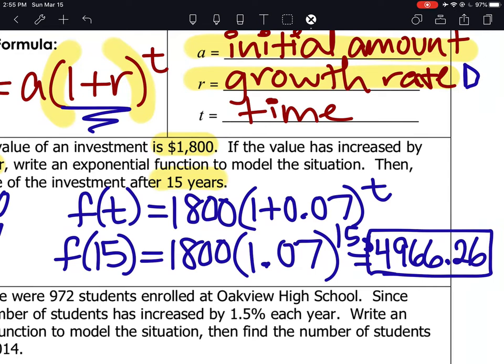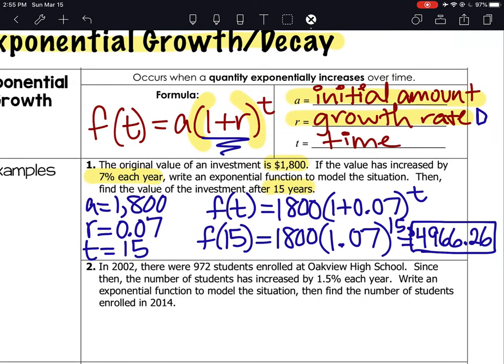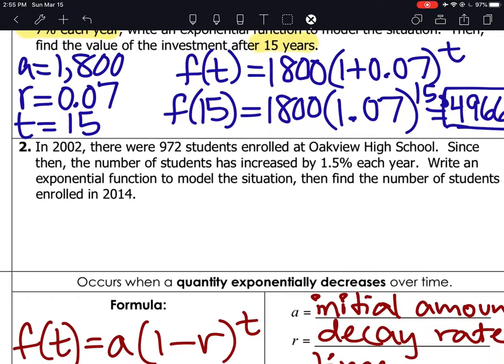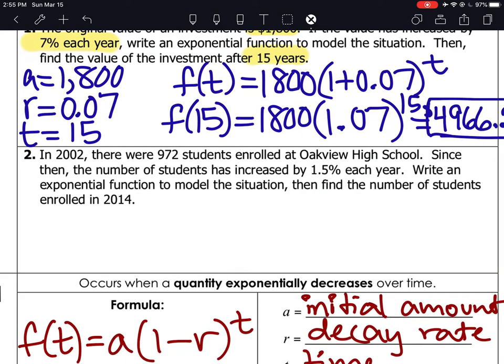So it seems pretty useful for real life situations. So now we're going to go on to the next problem. So the next problem, we're modeling how many kids are enrolled in a high school. So first we're going to do our givens.